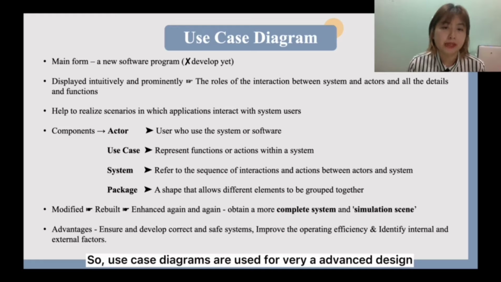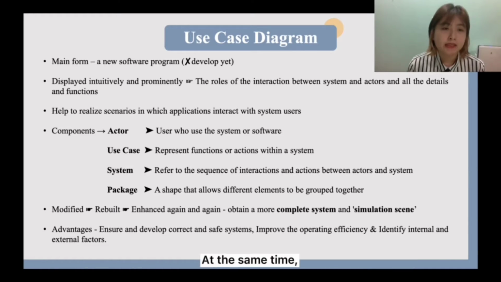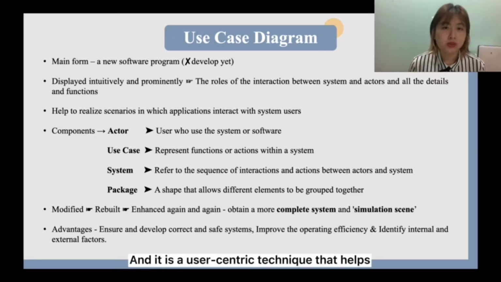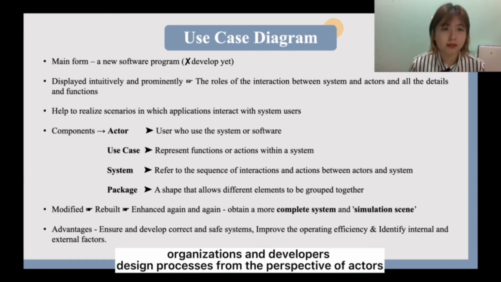So use case diagrams are used for a very advanced design. At the same time, it will be modified, rebuilt, and enhanced again and again to obtain a more complete system and simulation scenes. And it is also a user-centric technique that helps organizations and developers design processes from the perspective of actions.